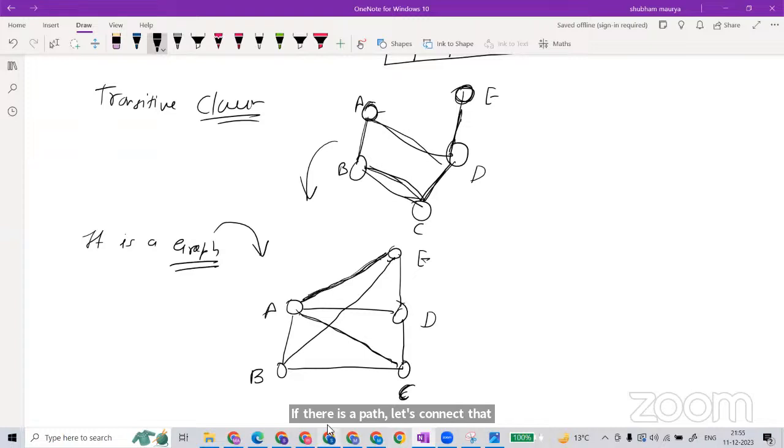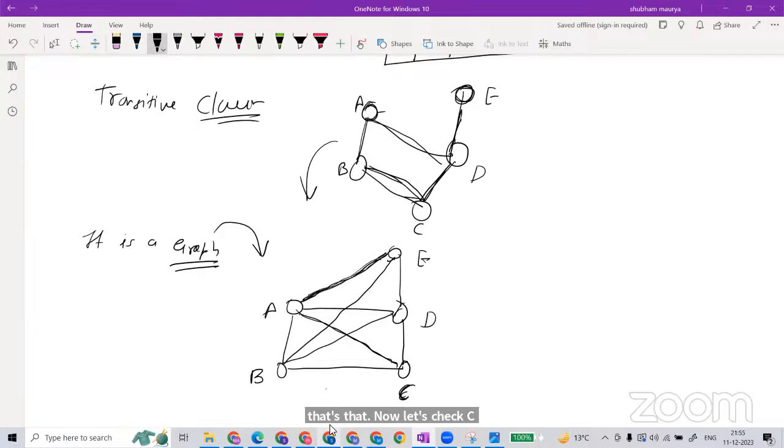Between B and D also there is a path, so let's connect that. All others are already connected with an edge. So that's done.